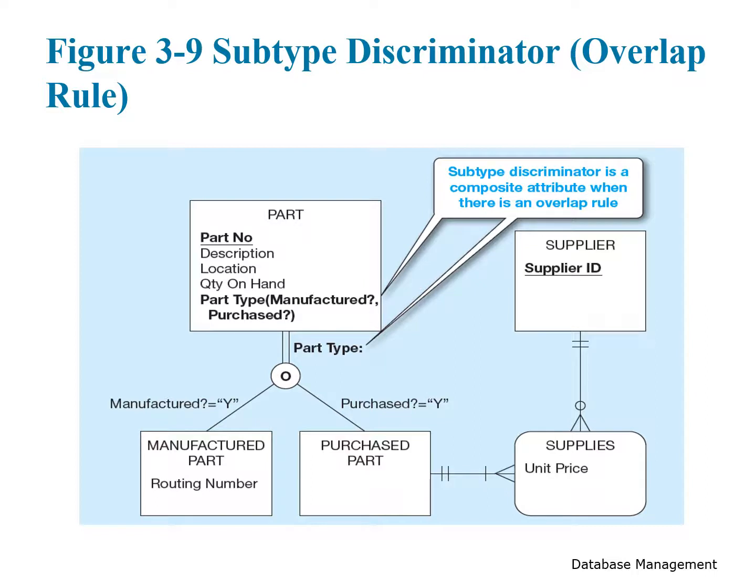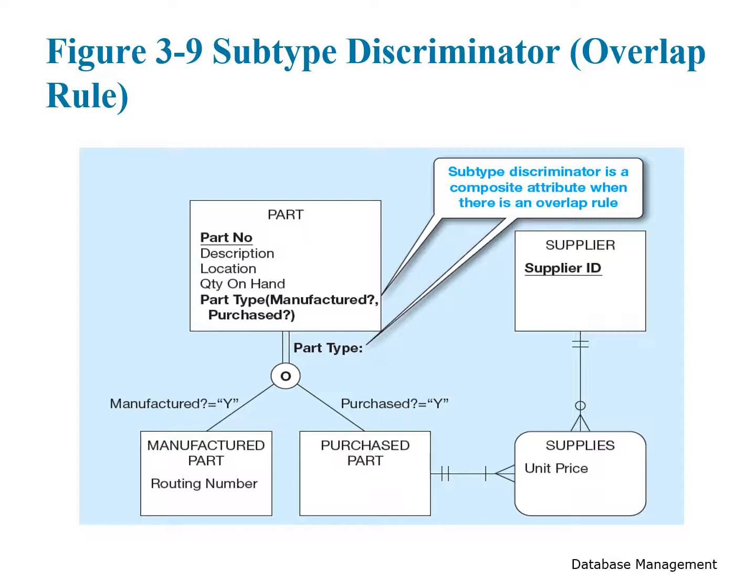And Figure 3-9, subtype discriminator, overlap rule. You can see there are part, and then manufactured part and purchased part. So the subtype discriminator is a composite attribute when there is an overlap rule. So part type: manufactured Y, yes; purchased Y, yes. Note that this is required for a composite subtype discriminator.